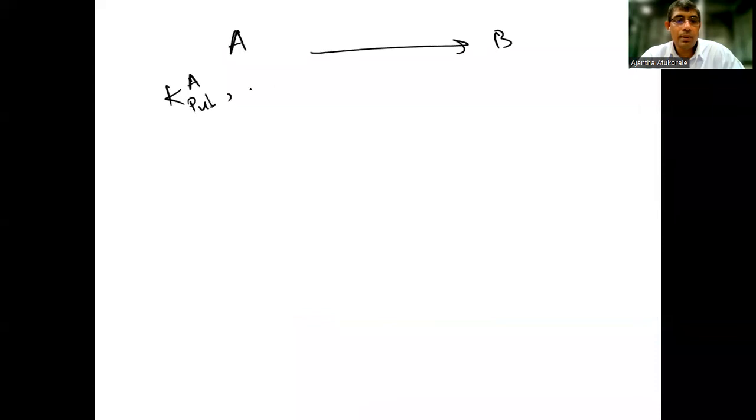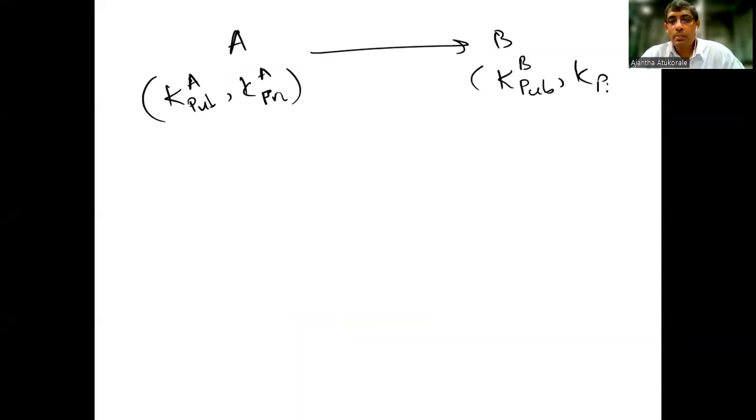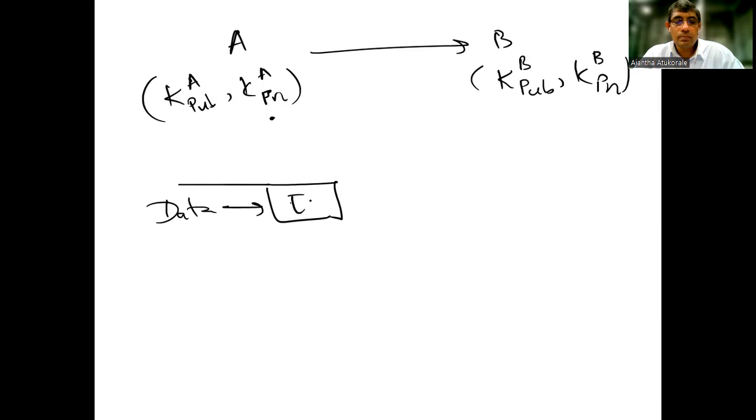So we have KA pub, KA private, KB pub, KB private, etc. pair. So we were trying to use this particular key, right? Data is sent to the encryption algorithm, right?